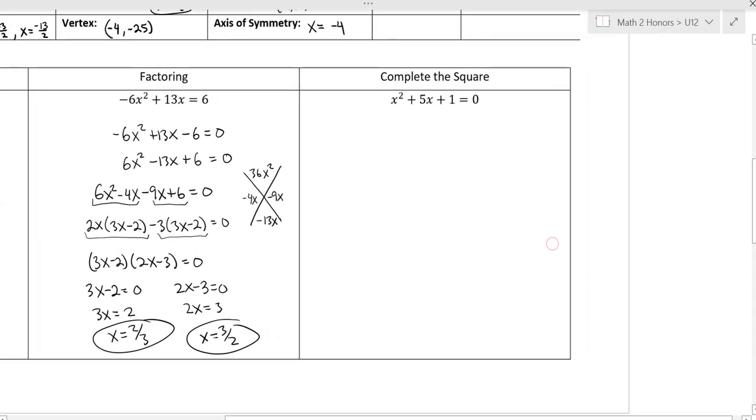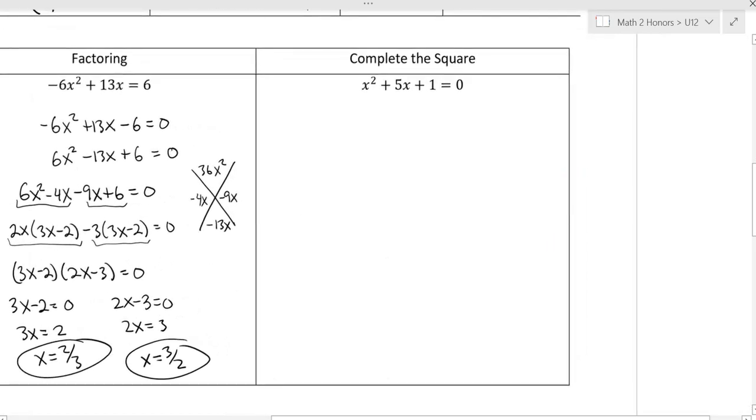And our last problem here, I wanted to just solve by completing the square. And so I'm going to put parentheses around the x squared and the 5x, factor out a, which is just a 1, and it's not going to change anything, and then find out what b over 2 squared is. So b is 5, so b over 2 squared is going to be 25 over 4.